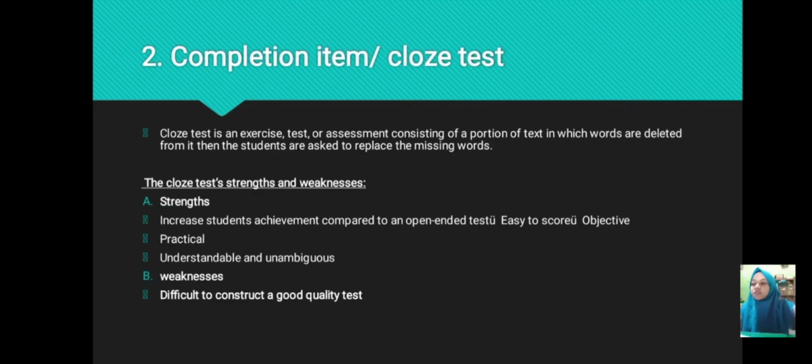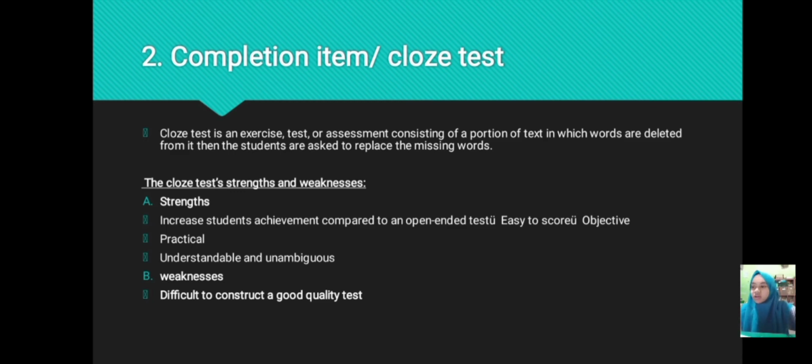Number two, completing item or cloze test. A cloze test is an exercise, test or assessment consisting of a portion of text in which words are deleted from it. Then the students are asked to replace the missing words. The cloze test, strengths and weaknesses. A. Strength.